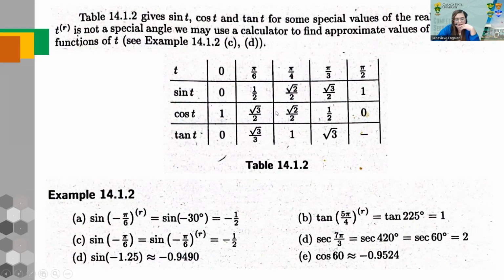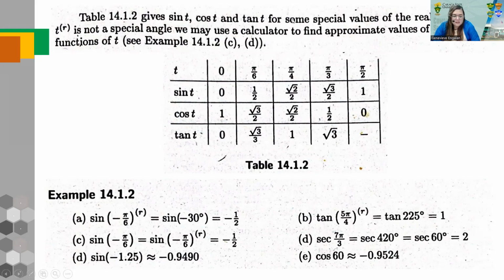These are the corresponding values of the sine function, cosine function, and tangent function. Sine of 0 is 0, sine of pi over 6 is 1/2, sine of pi over 4 is square root of 2 over 2, sine of pi over 3 is square root of 3 over 2, and sine of pi over 2 is 1.